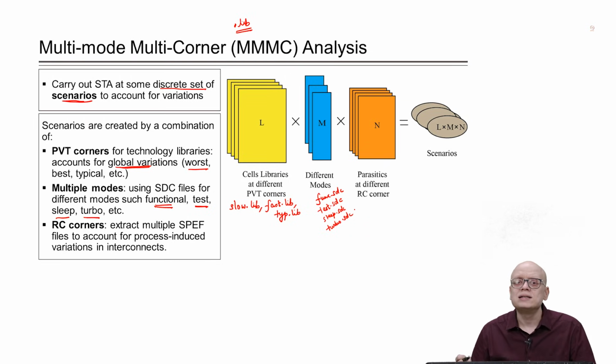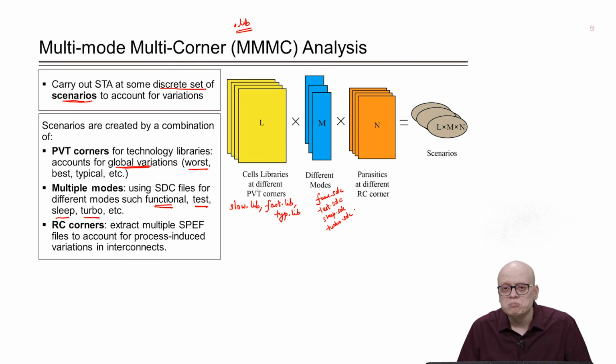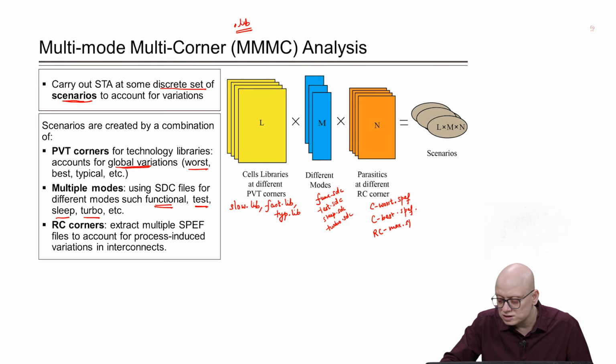Similarly, suppose there are four parasitic extraction corners, maybe one is Cworst.spef, then Cbest.spef, and then, say, RCmax.spef and RCmin.spef.